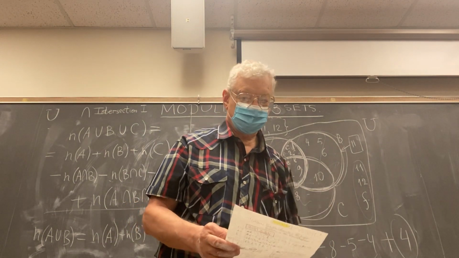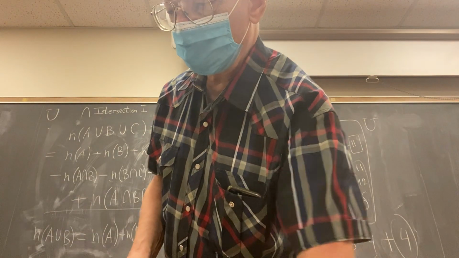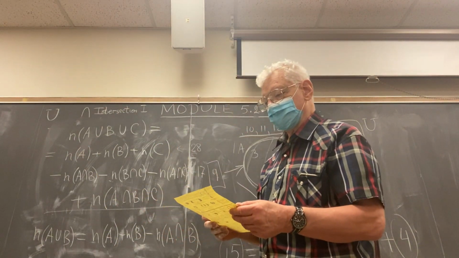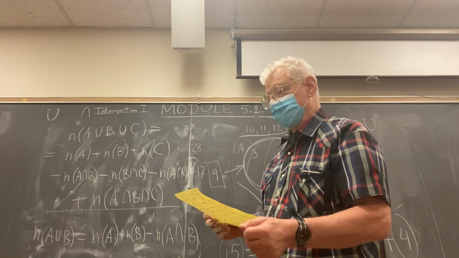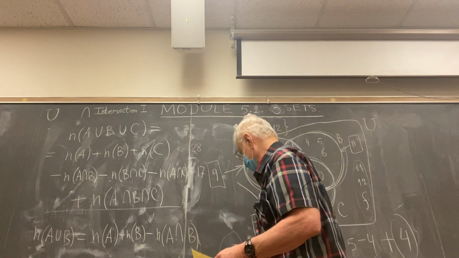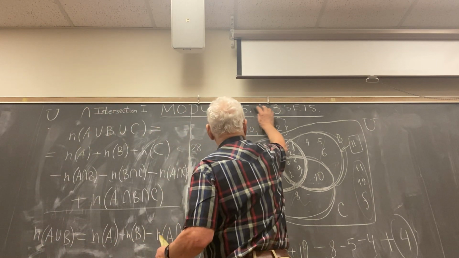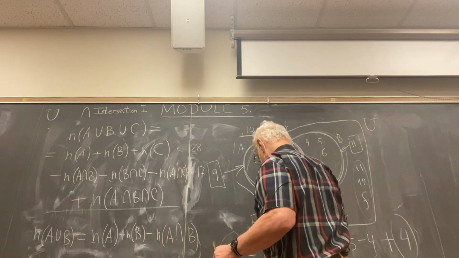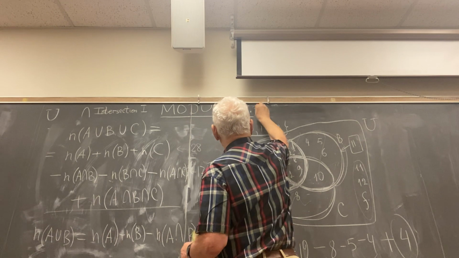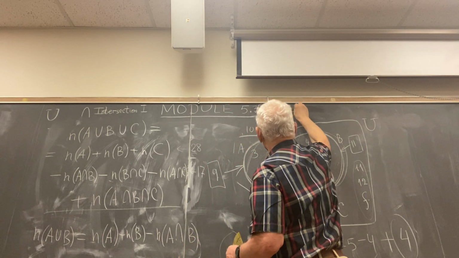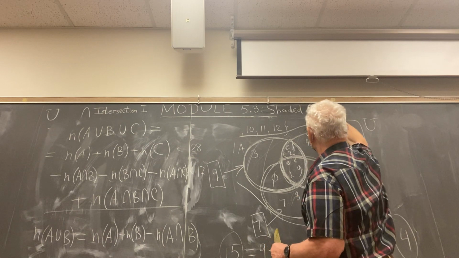Okay, so this is it. Now we go to model 5.3. It's shaded regions. Okay, I erase. Okay, 5.3, shaded regions.